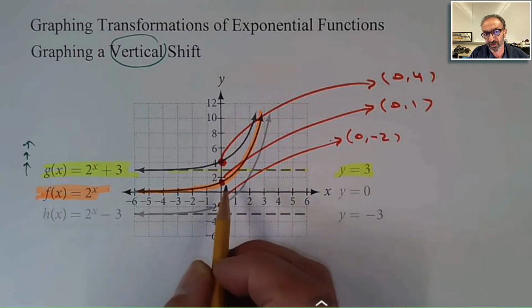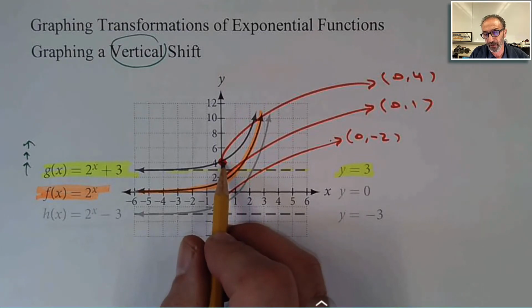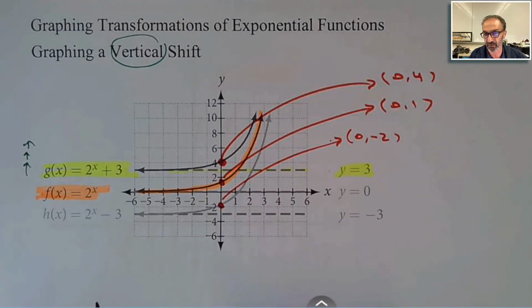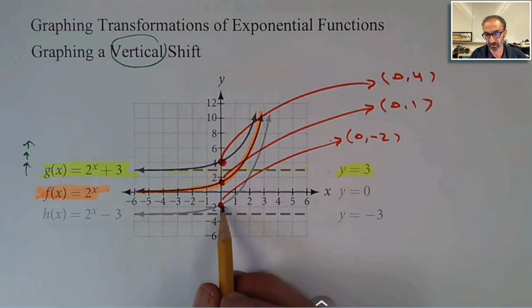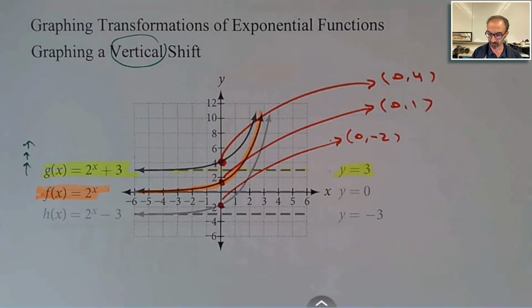So from this point, you have to look down 1 unit to locate the horizontal asymptote. From 4, looking down 1 unit, you will be at y equals 3. Hopefully that helps. From -2, going down 1 unit will be at -3. That's your horizontal asymptote.